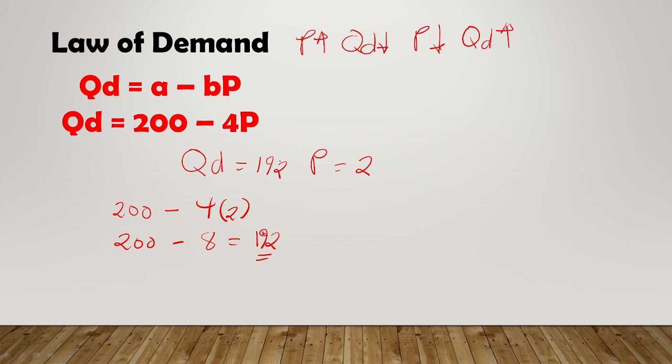How about if we change our demand function? Say for example, the new demand function is QD equals 40 minus 8P.